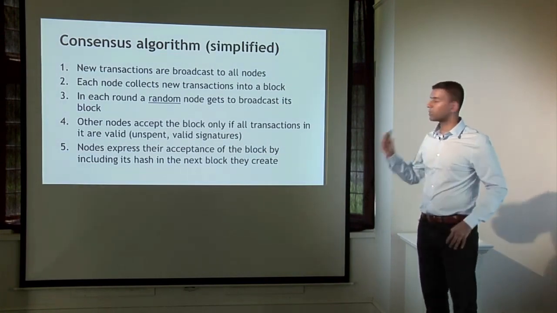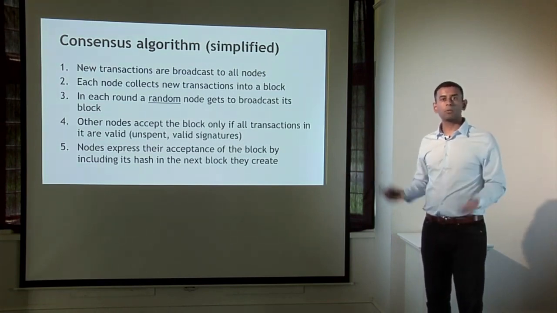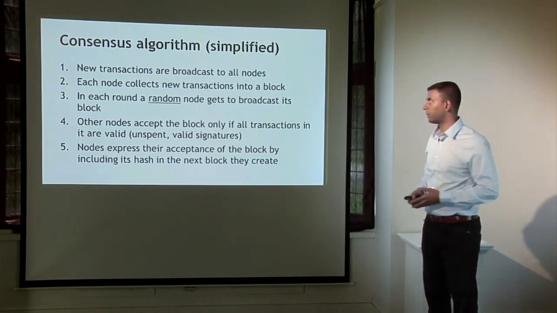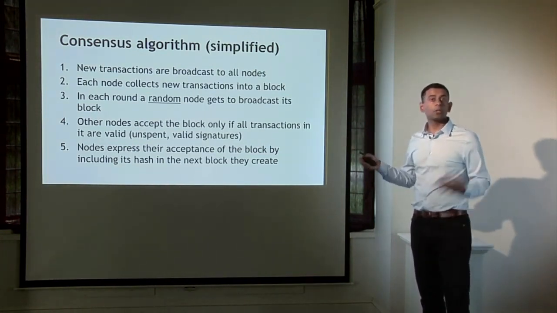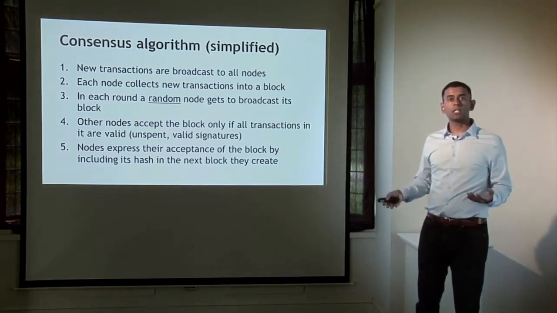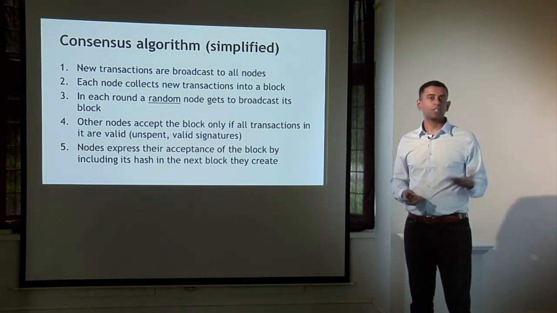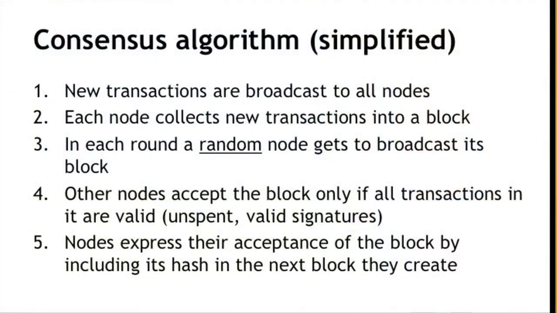At some point, one of these nodes is going to be randomly called upon to propose the next block. It's going to round up all of the outstanding transactions that it's heard about and propose that block. Now, presumably that node was honest, but it could also be a malicious node or a faulty node and propose a block that contains some invalid transactions. Invalid transactions are those that don't have the right crypto signature or where the transaction is already spent.